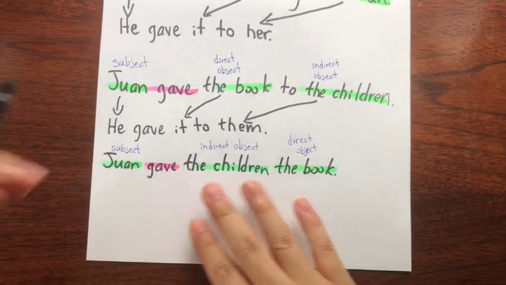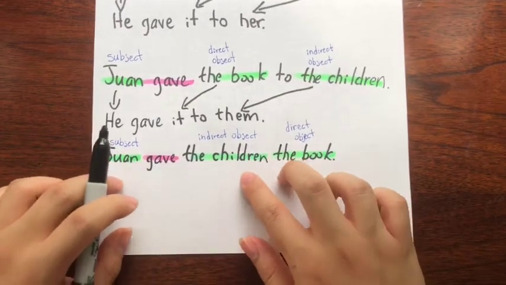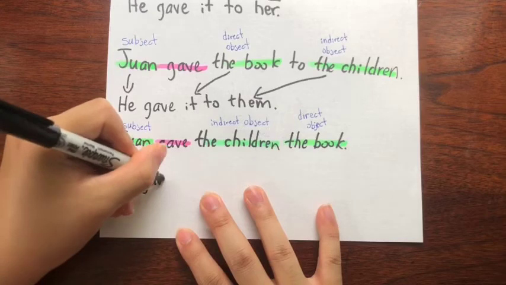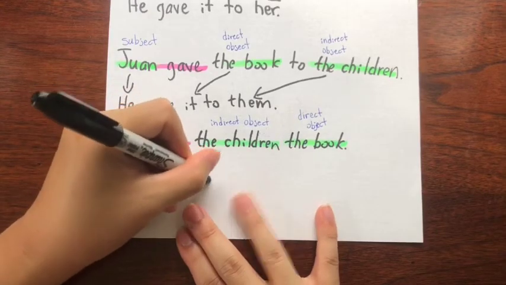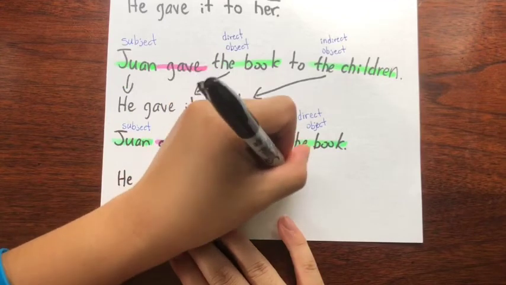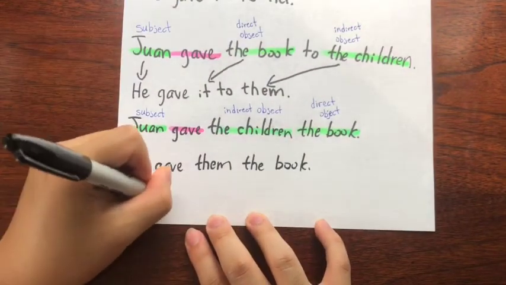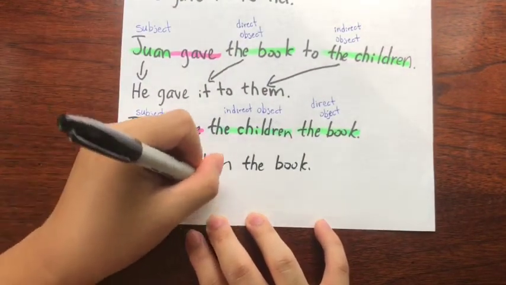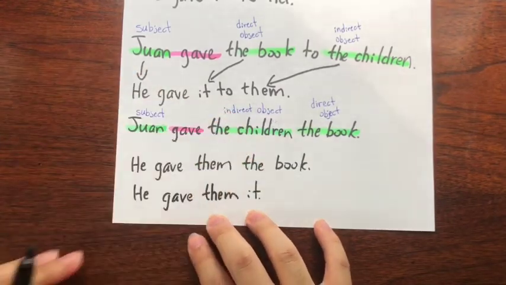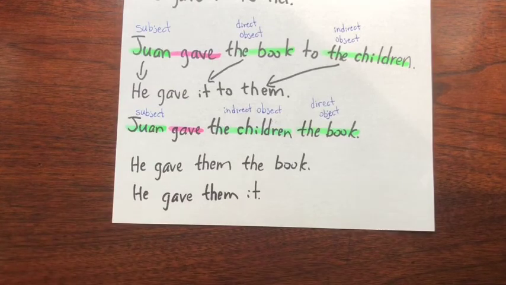So let's replace these nouns with pronouns. He gave them the book. Or we can say he gave them it. He gave them the book.